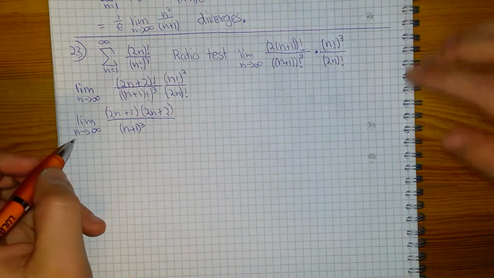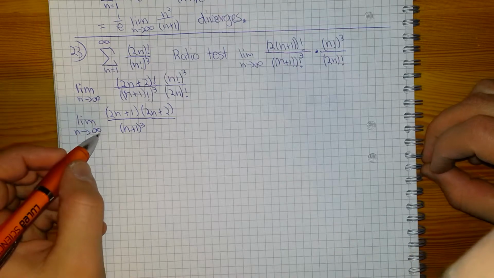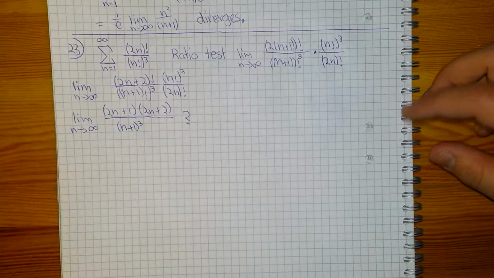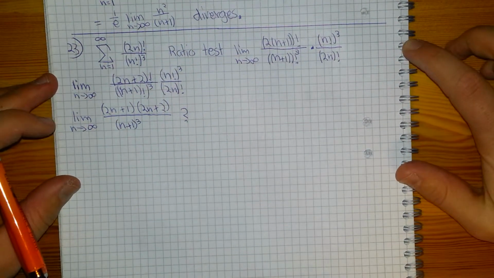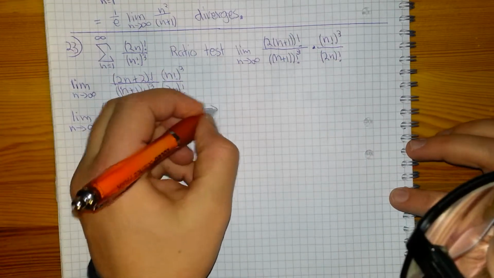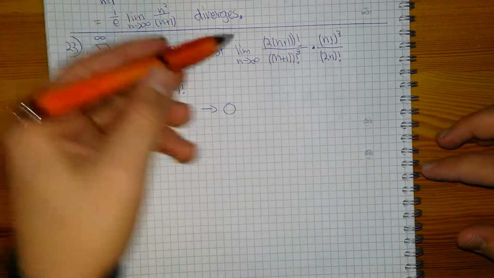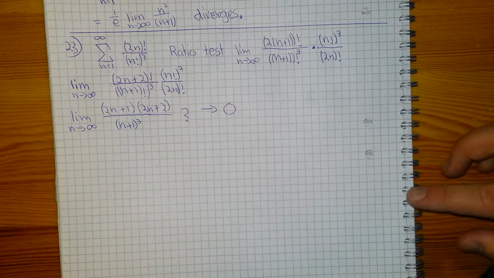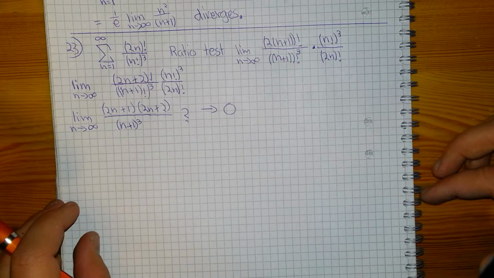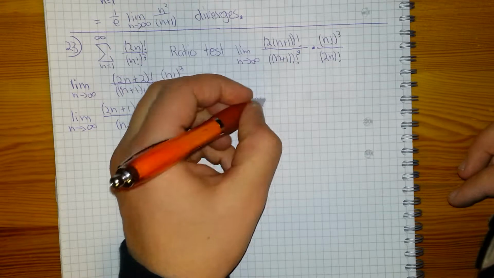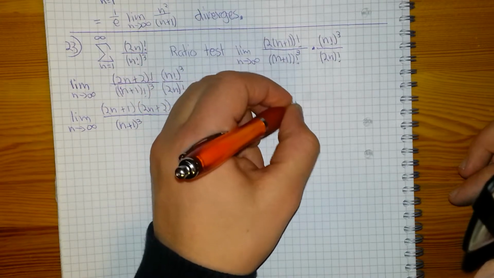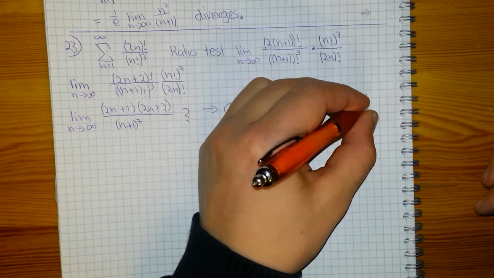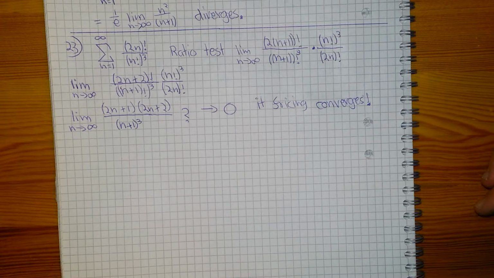And if we look at this as n goes to infinity, what will this go to? Well, it will go to 0. And what do we know if the ratio test goes to 0, or if it's quite simply strictly less than 1? It converges. So that's that.